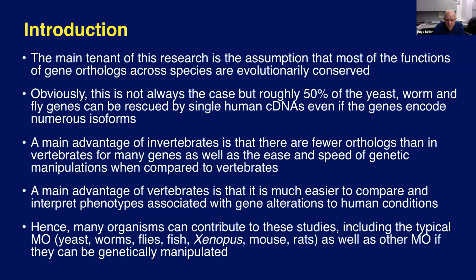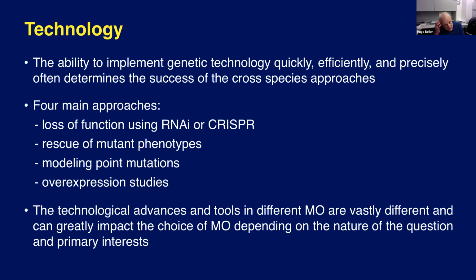So the point here is that many different organisms can contribute to these studies, including all the typical model organisms, but also other model organisms, as long as they can be genetically manipulated in an easy and straightforward manner so that they can also contribute to the study of human disease.